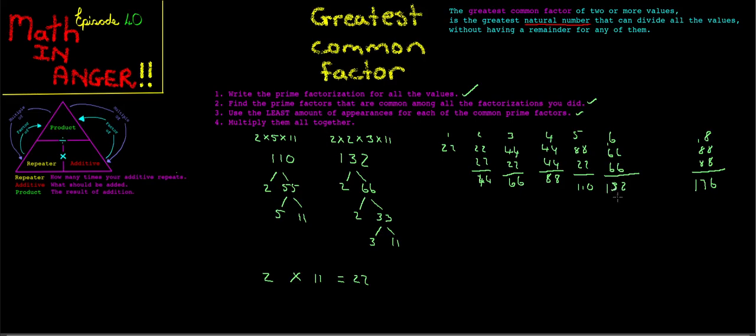Oh, hold on a second. Watch this. 110, 132. 110, 132. Do you see, again, the greatest common factor is asking you, what is the biggest additive that you can use to make a multiplication table that has both the values here?